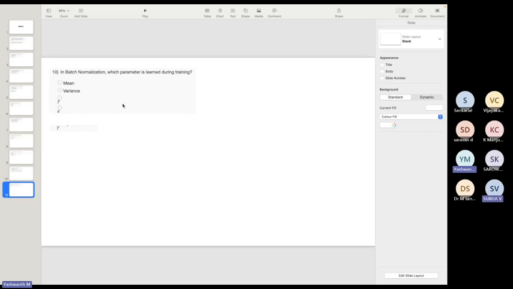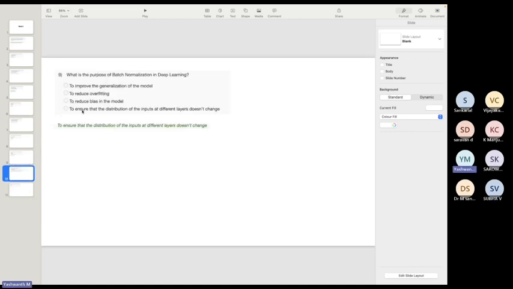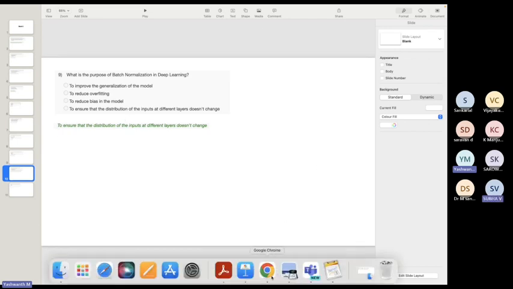So here you train with this gamma, some parameter, right? This 10th question needs a bit more detail, so let's give detail and call it a day.